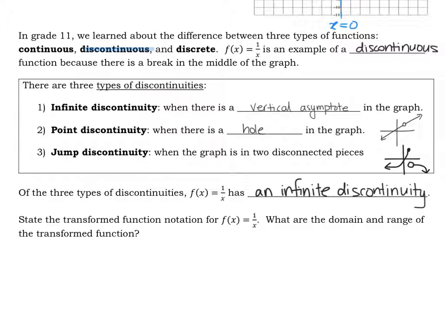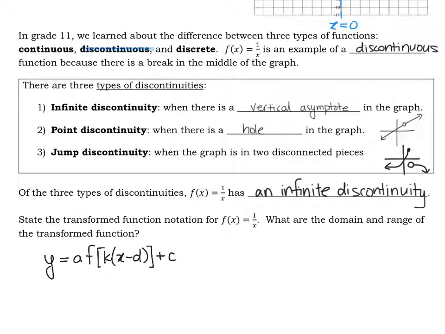Now, if you remember our transformed function notation, we've already gone over this a few times in this course, and we learned about it in 11U. So the general function transformed notation is a f of k x minus d and then plus c.